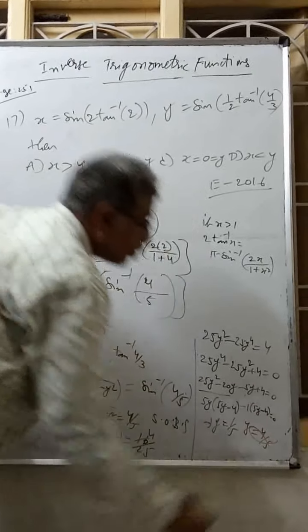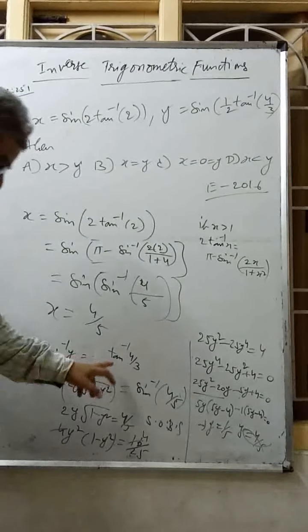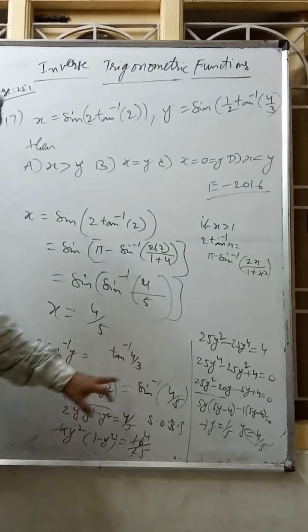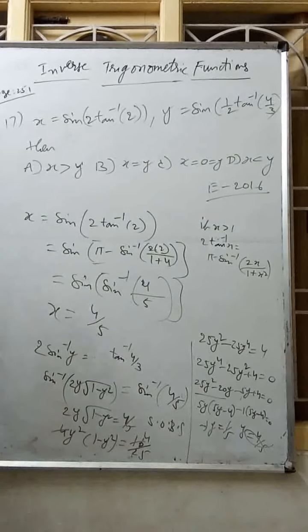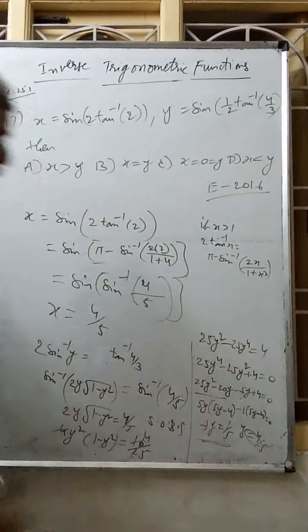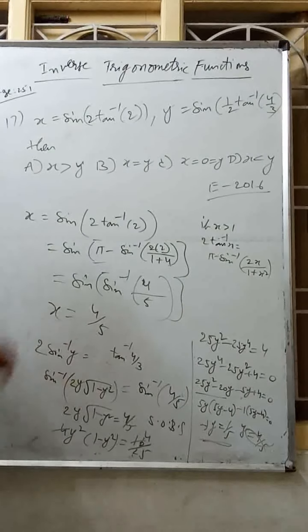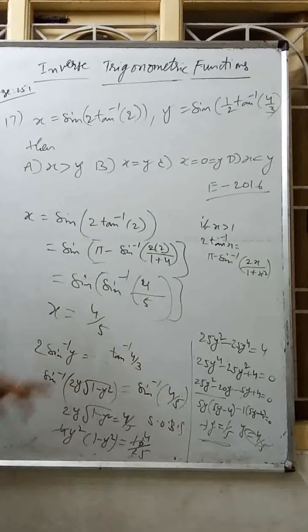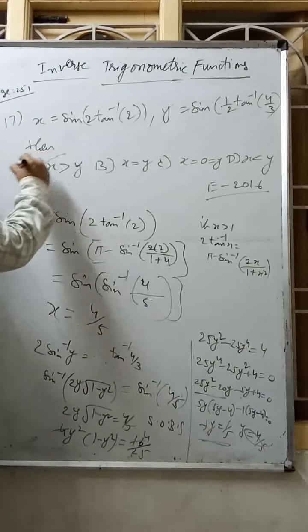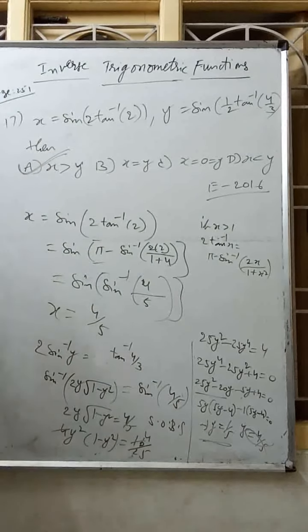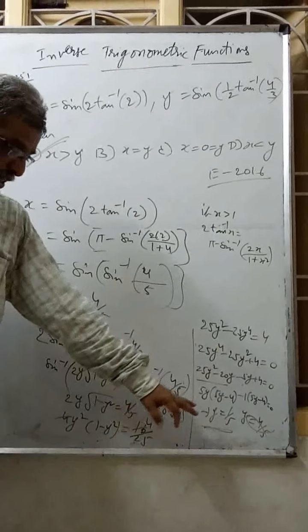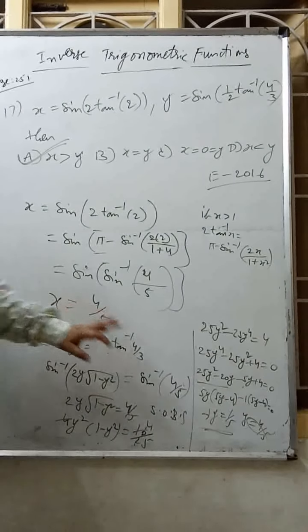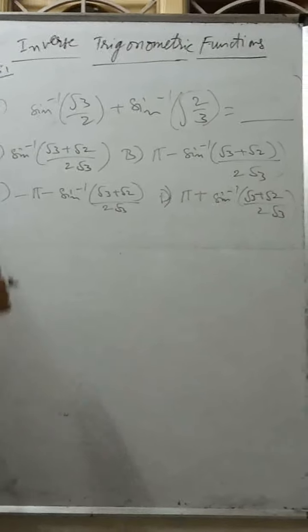But y cannot be 4 by 5 because this whole value itself is 4 by 5. So y must be 1 by 5, x is 4 by 5. Which is more value? So x is more than y. So our option is the first option.